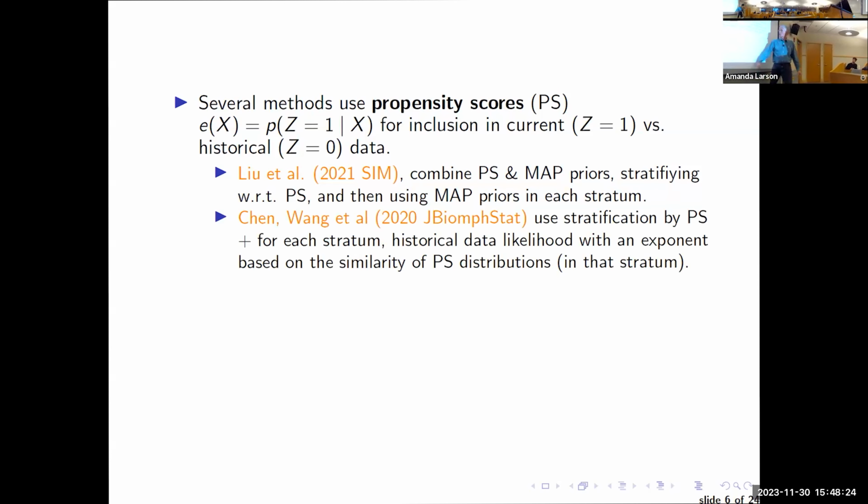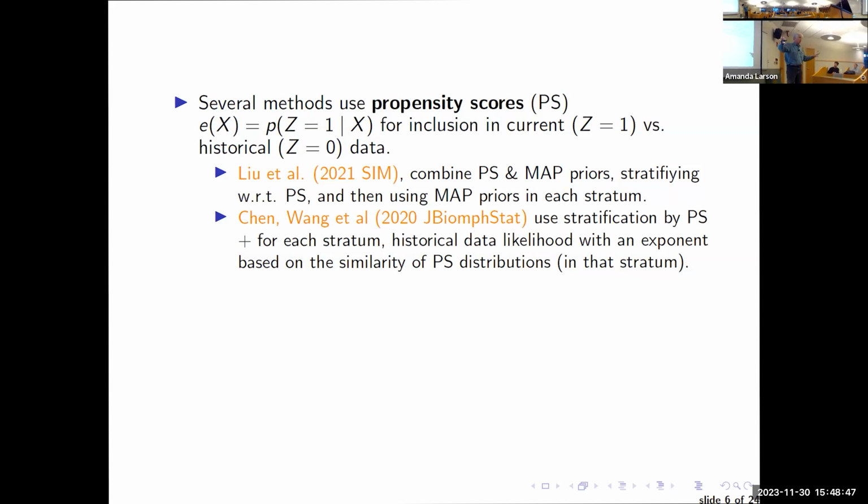Chen and Wang, that's Cheng Wang, who did a lot of these synthetic control cohort strategies. They do, again, stratification by propensity score. Then after stratifying by propensity score, some of the strata, they might even entirely drop.